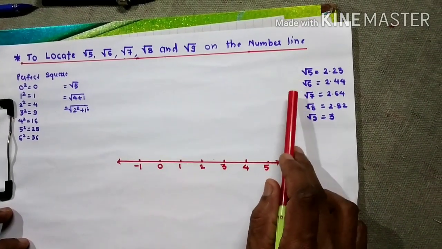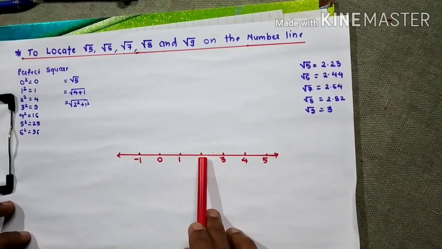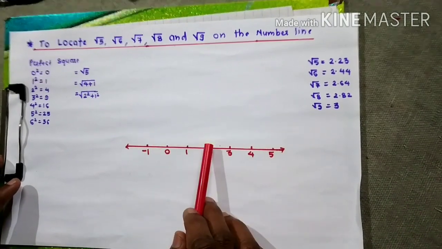The values of root 5, root 6, root 7, root 8 and root 9 will come between 2 and 3. So let us first locate root 5 on the number line.